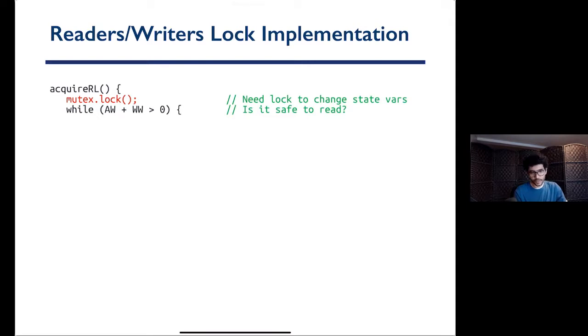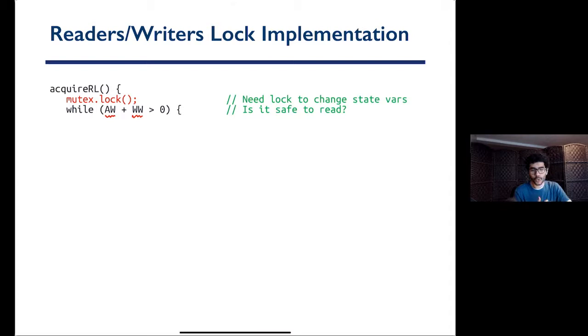Now we check if there are other active writers. If there is another active writer writing to the database, or if there are waiting writers, if some other writer has come and they're waiting, it means that I should wait. I'm not allowed to enter the critical section.